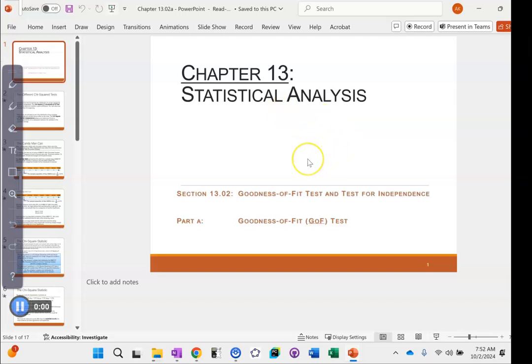So it's going to be a slightly different looking distribution, and the shape of the distribution depends on what are called the degrees of freedom. For the goodness of fit test, the degrees of freedom is just the number of categories minus 1. Depending on how many degrees of freedom, your distribution is going to look a little bit different.